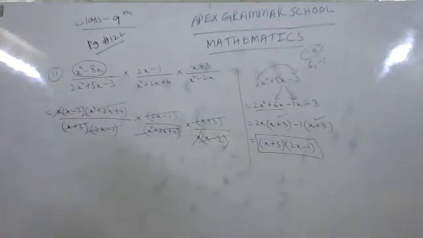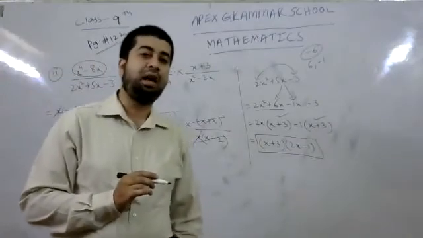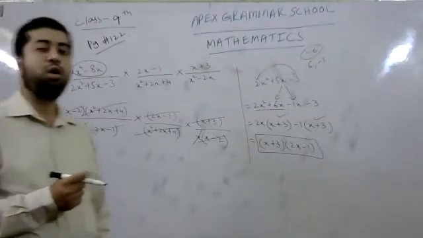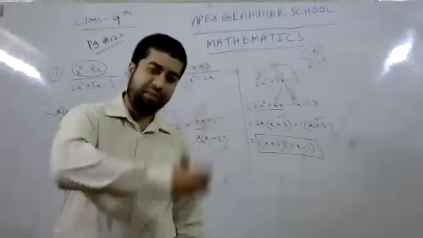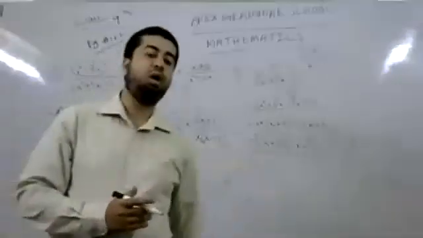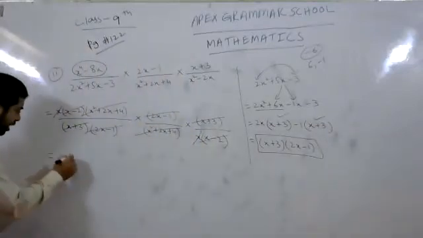So what will be the answer? 90% of the students will say that this answer is 0. This is not true. 0 will only appear if cancellation is going to be done within positive and negative. But for multiply and divide cancellation, if all the things are cancelled, then you are left with the answer 1.